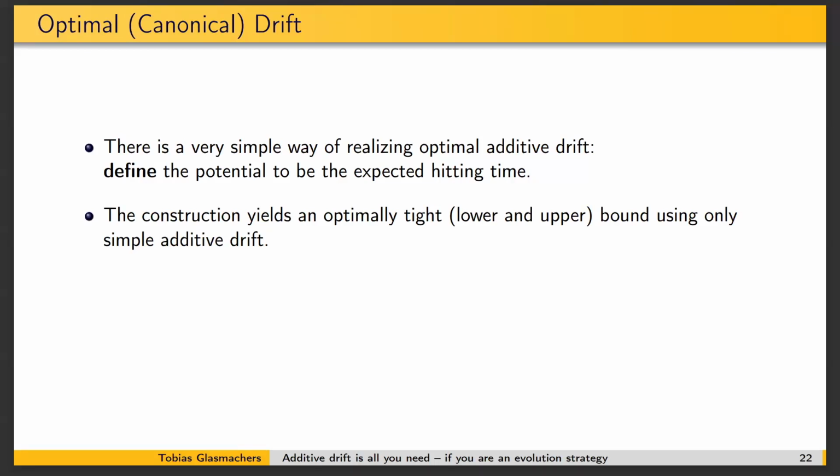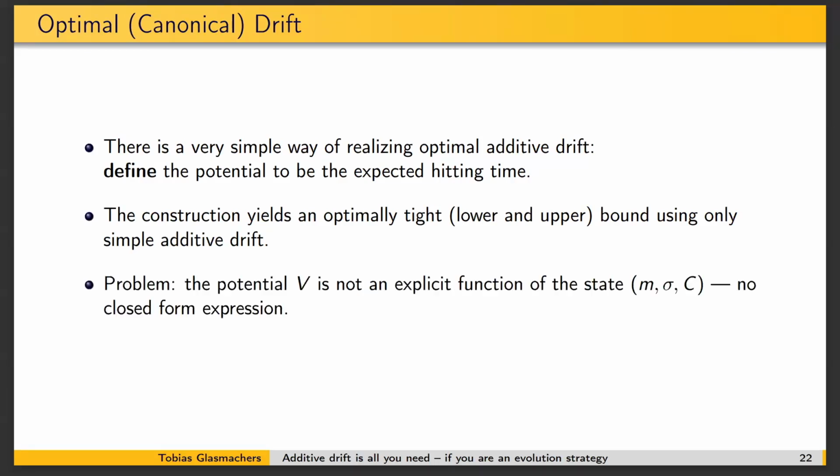Problem: why isn't it then done this way all the time? Obviously, because this is not an explicit function of my state variables. That runtime is a function that exists, but I don't know how it looks. I don't have a closed form for it.